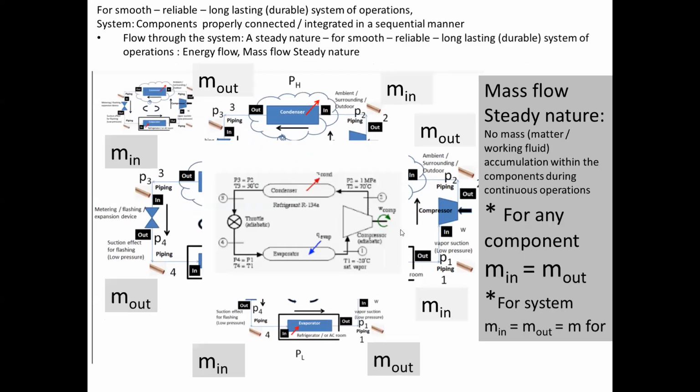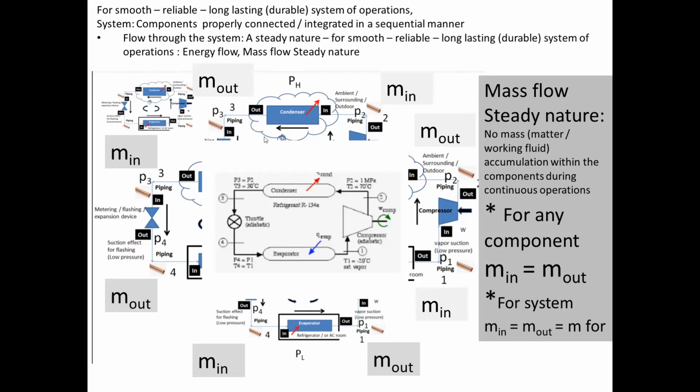Which means whatever is in should be out for steady operations. So here, if compression, mass in, at the same time, there should be the similar mass out. That's why M in is equal to M out for any component.